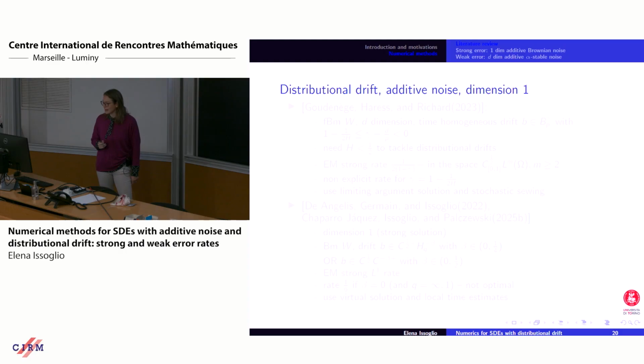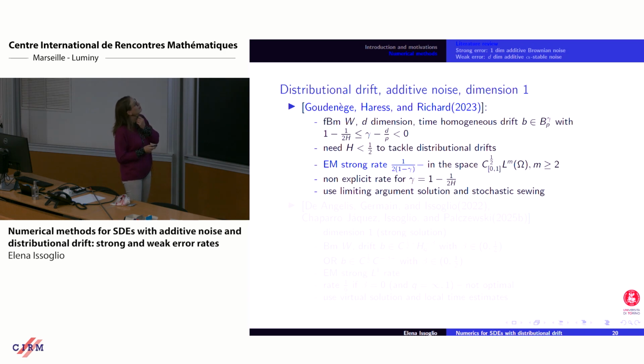Now we go into the realm of distributional drifts. And the papers I only know of are my own works and a paper by Goudenège, Haress, and Richard. Two of them are here in the audience. So Ludovic, Haress, and Richard dealt with fractional Brownian motion.